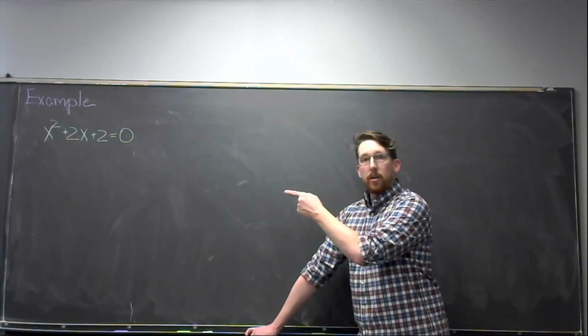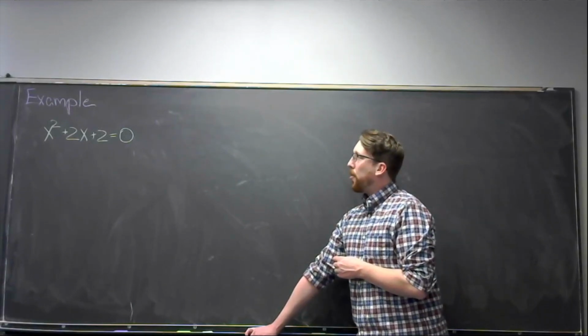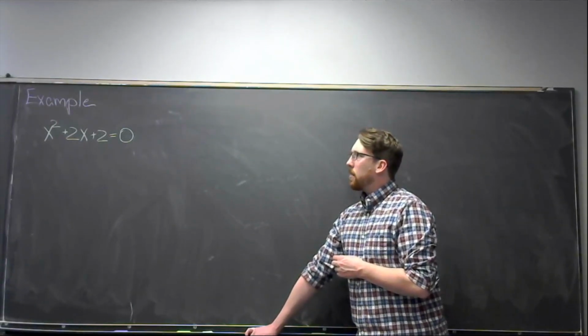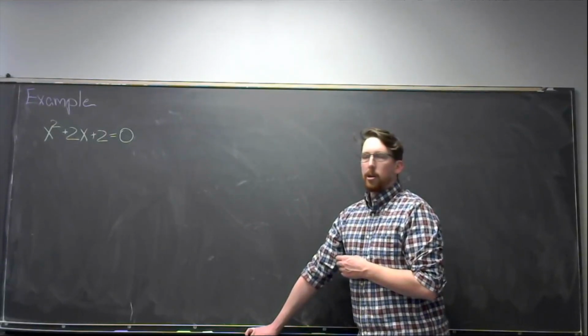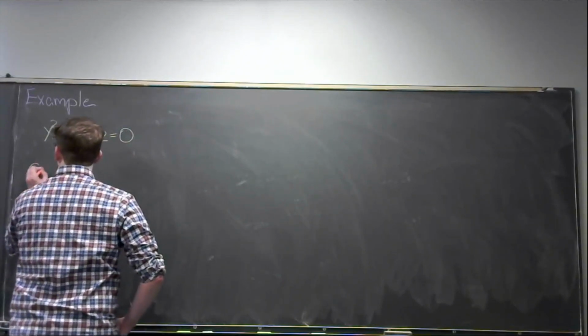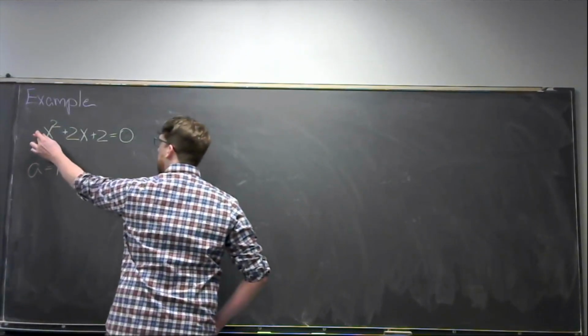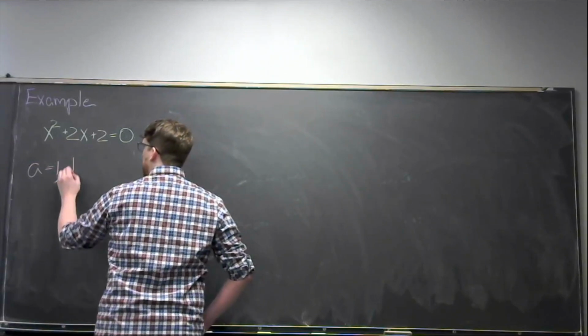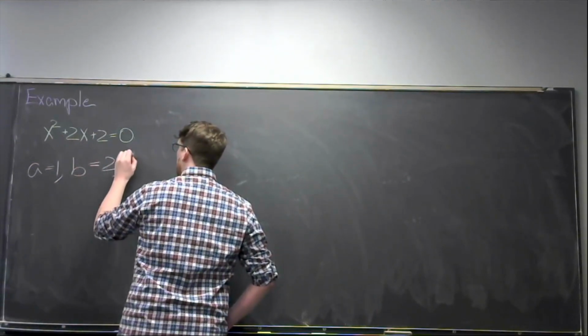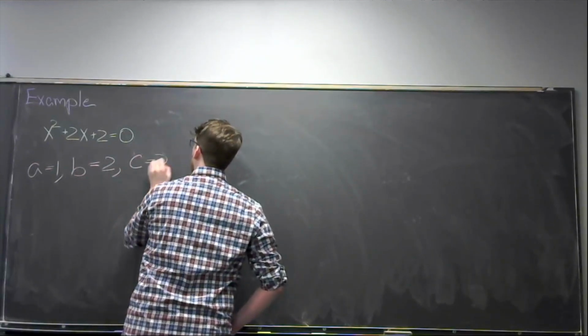That's definitely degree 2. So it's probably going to be nice to know what a, b, and c are. a, in this case, is equal to 1, b is equal to 2, and c is also equal to 2.